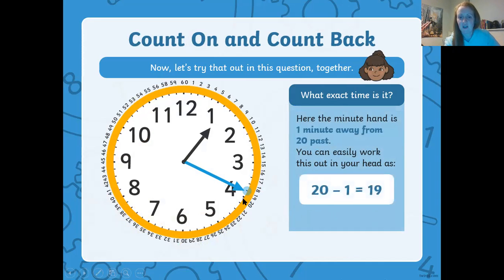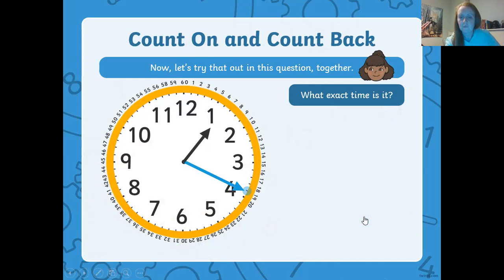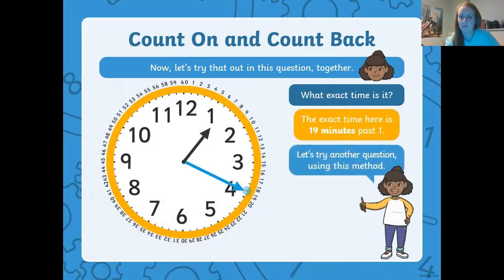So what you could have done here is you could have gone to 20 and taken away 1. That's not how I did it, but you could have done it that way. You could have said, we know 5, 10, 15, 20, and it's 1 less than 20. 20 take 1 is 19. Showing us that the exact time here is 19 minutes past 1.